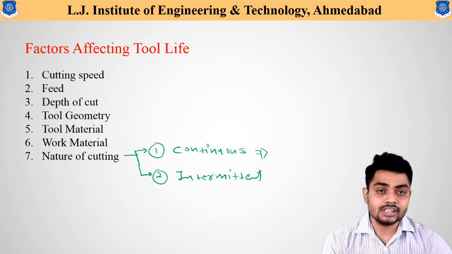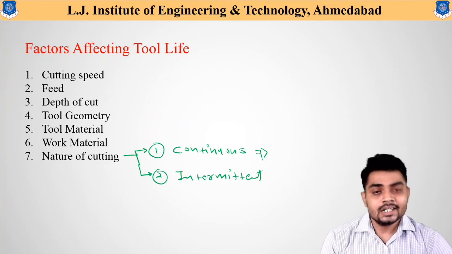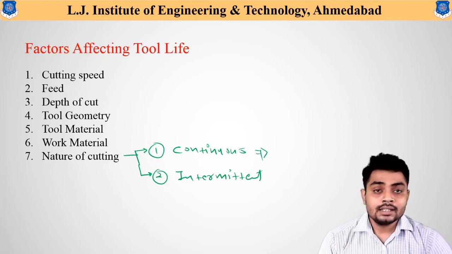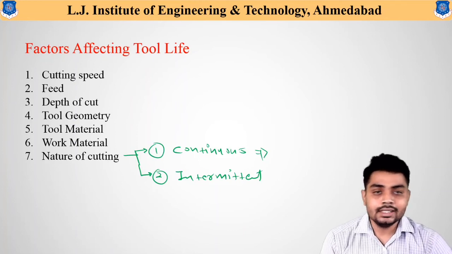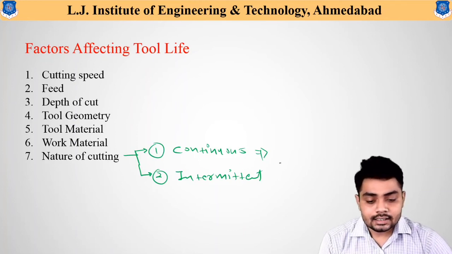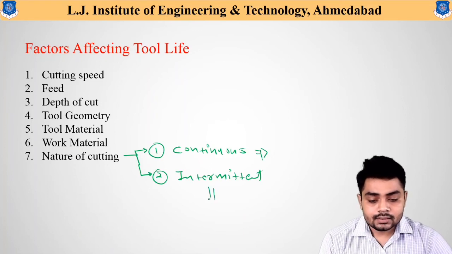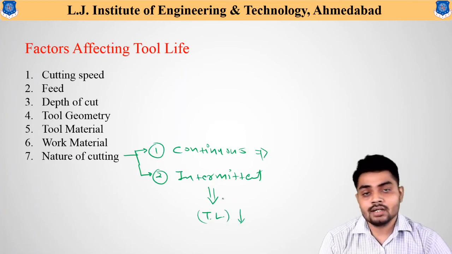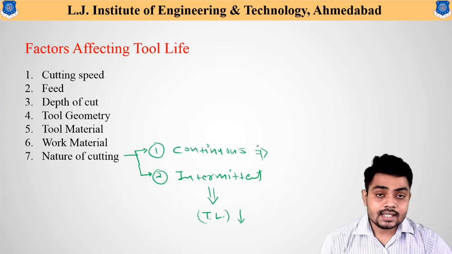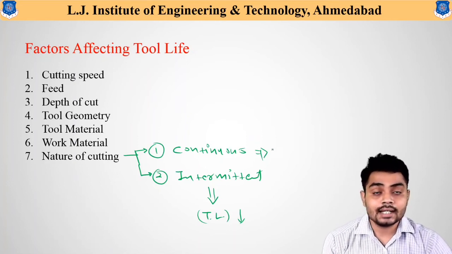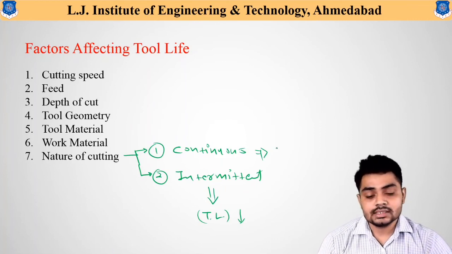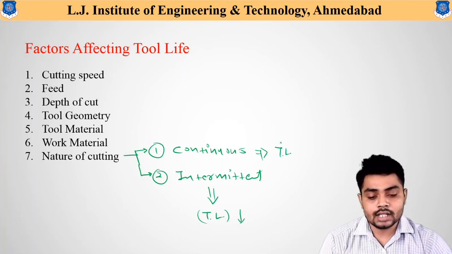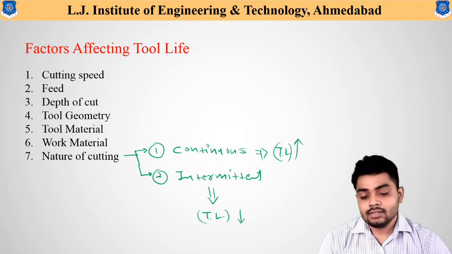So when there is a fluctuation in load or power supply during machining operation, at that time the tool failure chances are comparatively higher. So we can see that in the case of intermittent cutting operation, tool life is comparatively lower due to the fluctuation in forces and power required, whereas in the case of continuous cutting operation, the forces and power supplied are comparatively constant during machining operation, so at that time tool life is comparatively higher.